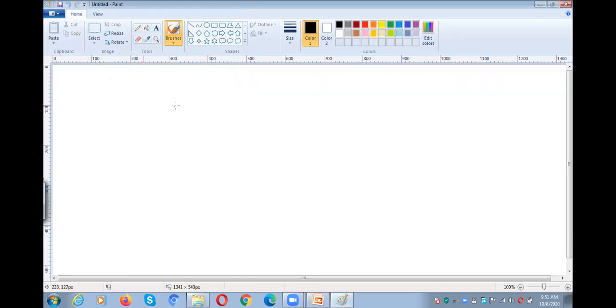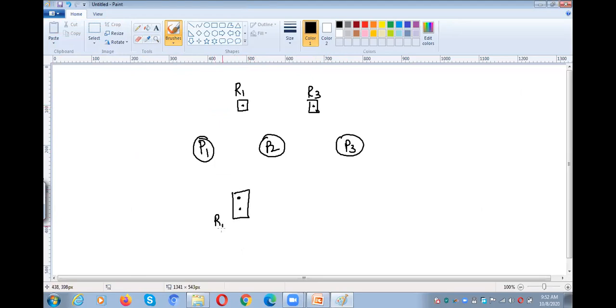As I told you, process is represented with a circle. And in our example, we have four resources: R1, R3, R2, R4.